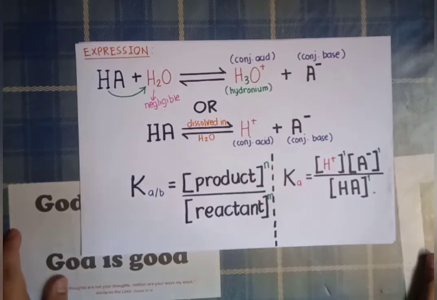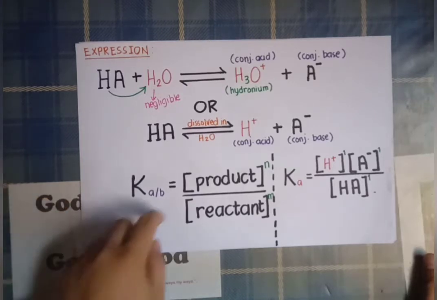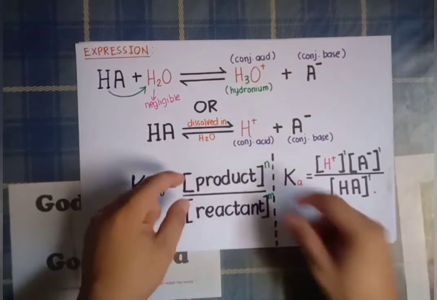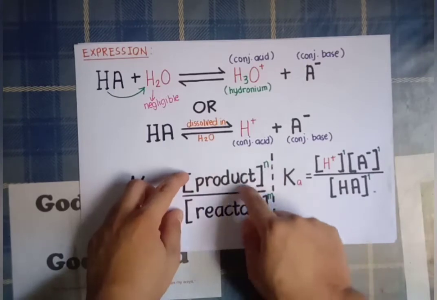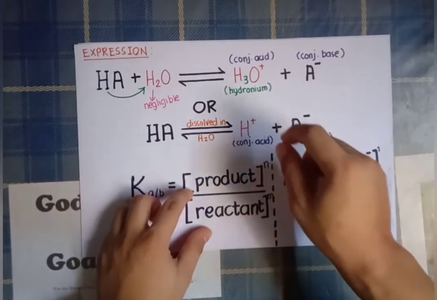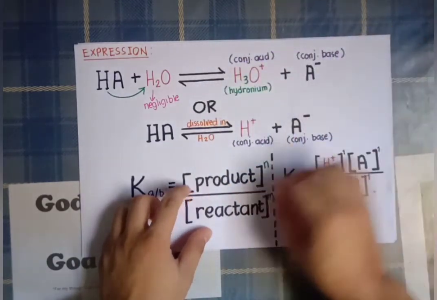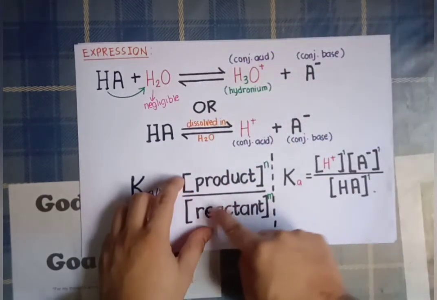Now, the general formula for us to be able to write the dissociation constant for an acid or base is molar concentration. These brackets represent molar concentration. So molar concentration of product, in this case the product is always located at the right side of the equation, over the molar concentration of reactant.